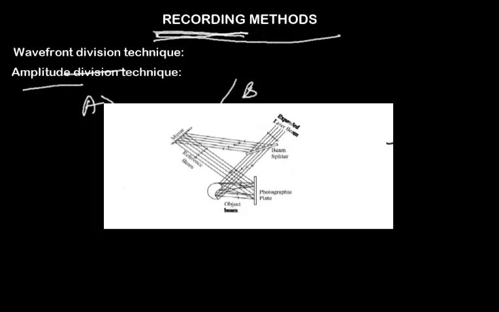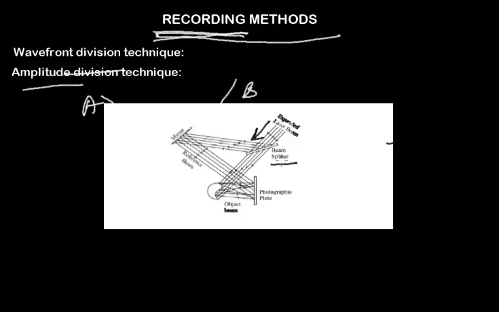Now the amplitude division technique. In this technique also we'll use an expanded laser beam. So this is the expanded laser beam which we are sending from here, and it will strike the beam splitter.